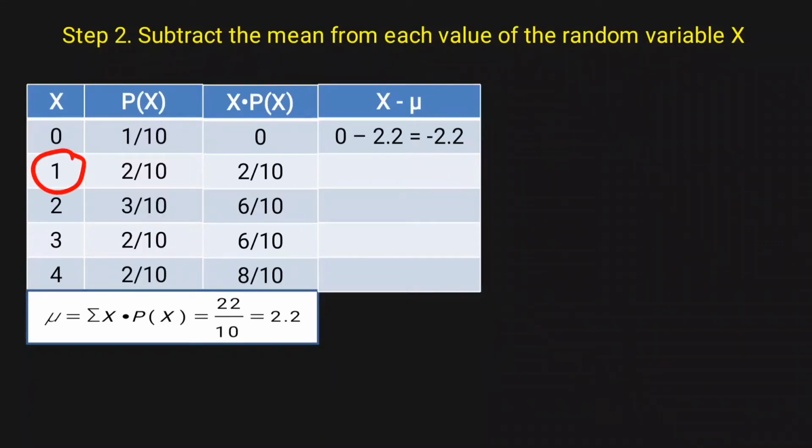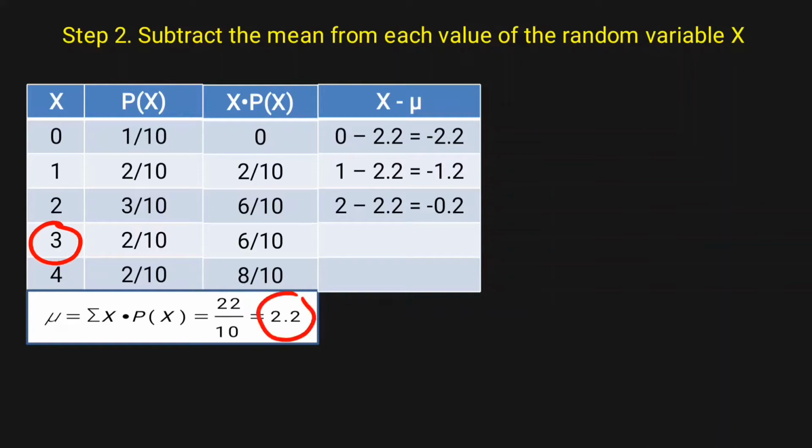Next we have 1 minus 2.2 is negative 1.2. 2 minus 2.2 is negative 0.2. Then we have 3 minus 2.2 is 0.8. Then last, 4 minus 2.2 is 1.8.